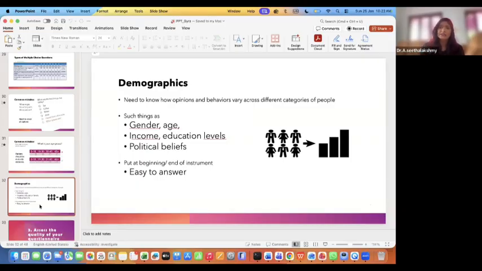Put it either at the beginning or the end of the questionnaire so that they don't miss it. It should be framed very easily, just like in school days, whenever we got a book, we used to write our name and then standard, all those things.